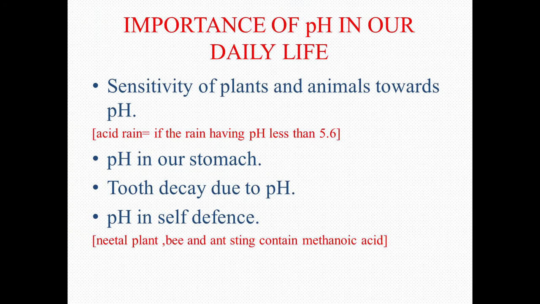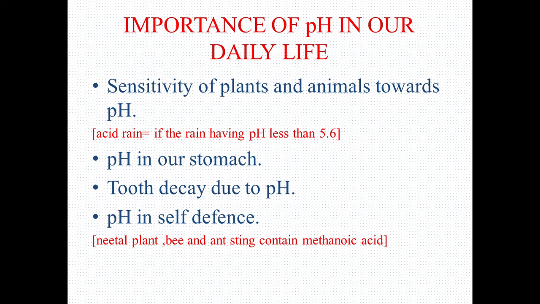Next is the importance of pH in our daily life. In today's life, pH has great importance. The first point related to this topic is the sensitivity of plants and animals towards pH. How are plants affected by pH?